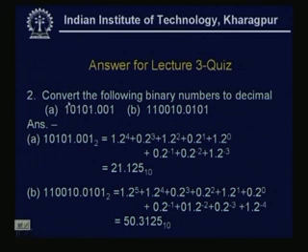The second question was the conversion of the following binary numbers to decimal. As here the binary radix is 2, using the formula we did, this should be 10101, meaning 1 into 2 to the power 4, where 4 is the place value.